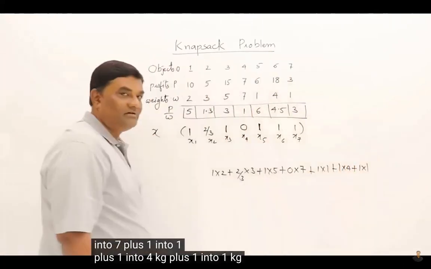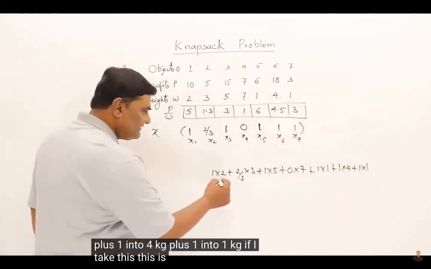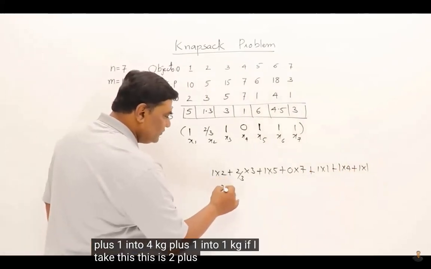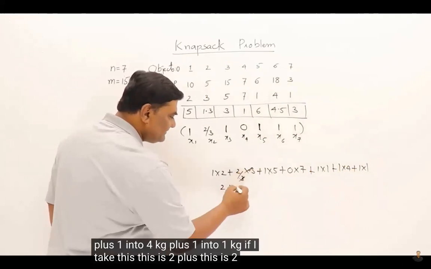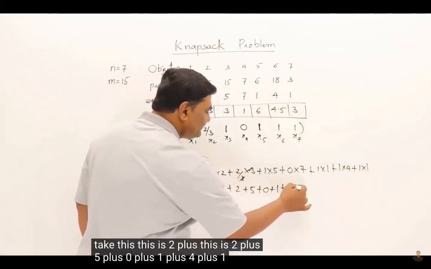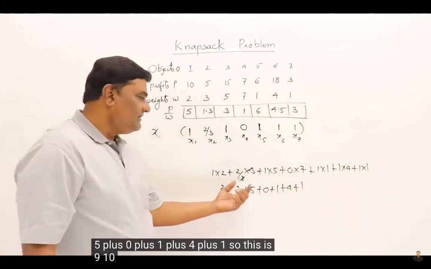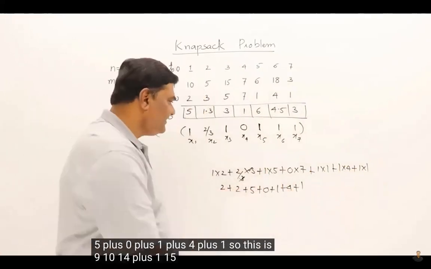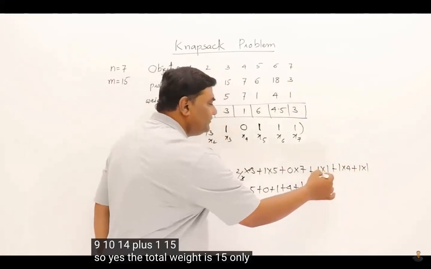If I take this, it is 2 plus 2 plus 5 plus 0 plus 1 plus 4 plus 1. So this is 9, 10, 14 plus 1, 15. So yes, the total weight is 15 only.